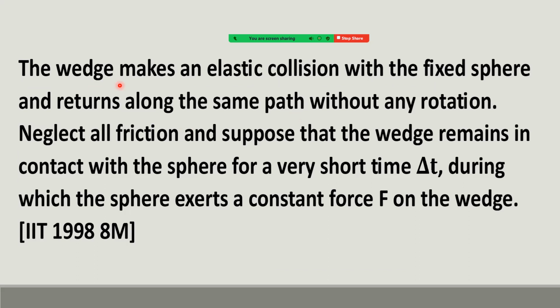The wedge makes an elastic collision with the fixed sphere and returns along the same path without any rotation. Neglect all friction and suppose that the wedge remains in contact with the sphere for a very short time, delta t, during which the sphere exerts a constant force F on the wedge. Asked for 8 marks in 1998.